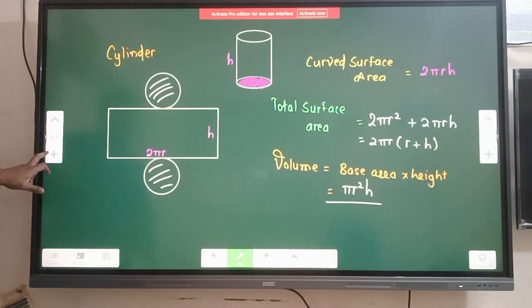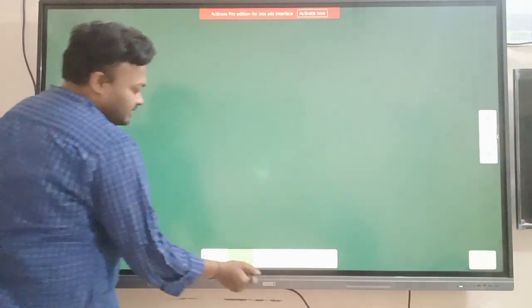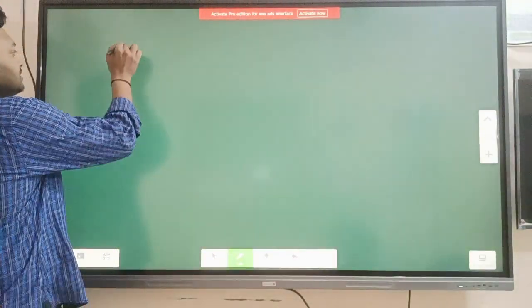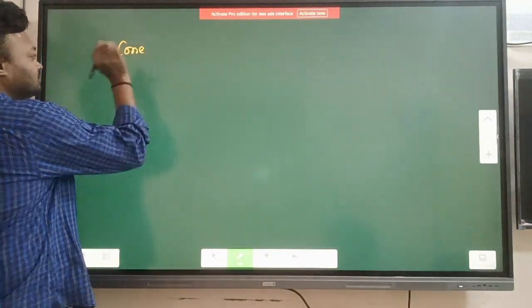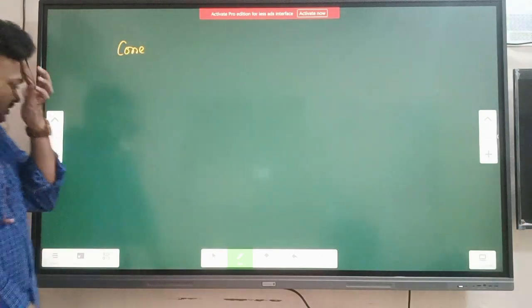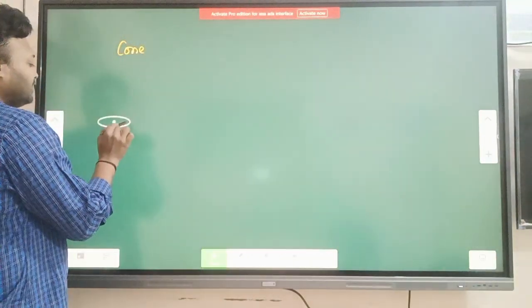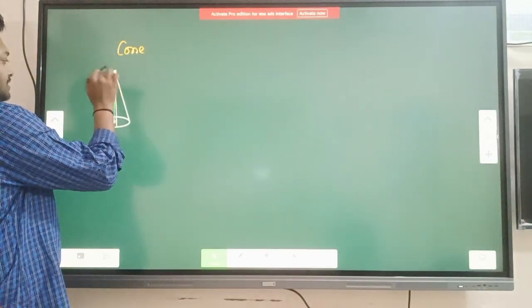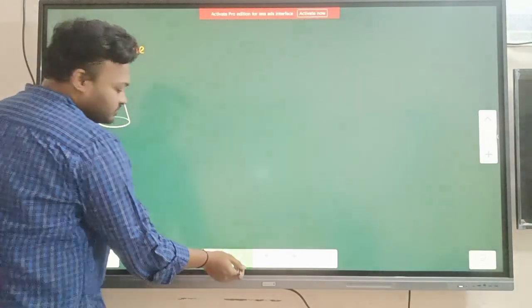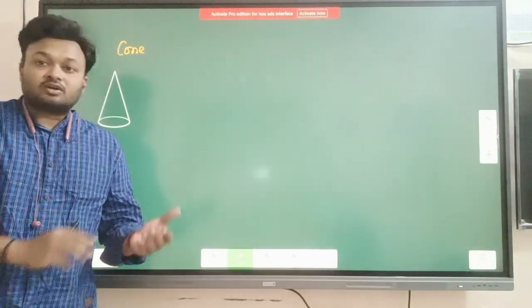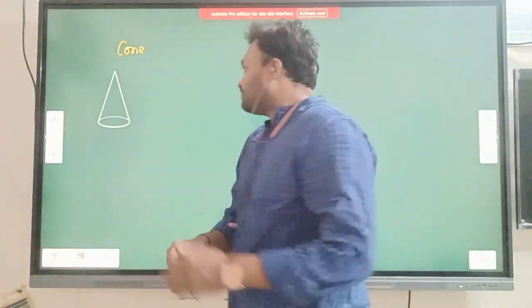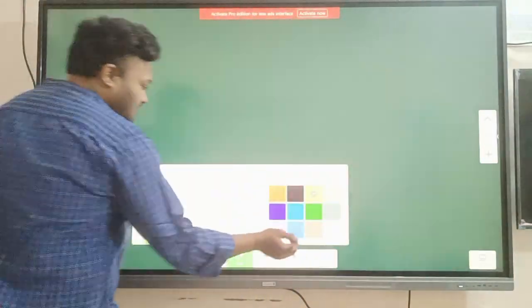Understood? So let us take the next shape, which is the cone. Clear? Now, what is a cone? A cone is this shape. Have you seen this shape? We have simply seen this shape in birthday caps or a conical tent. So these are of this shape. Now remember one thing.